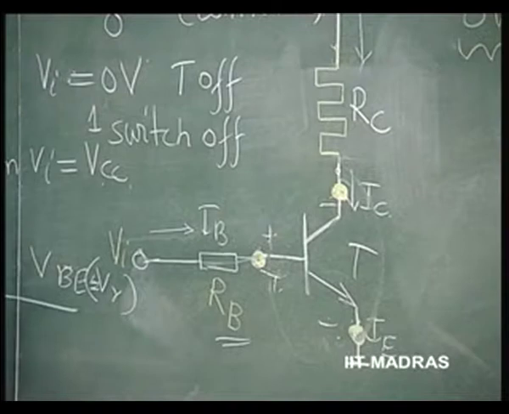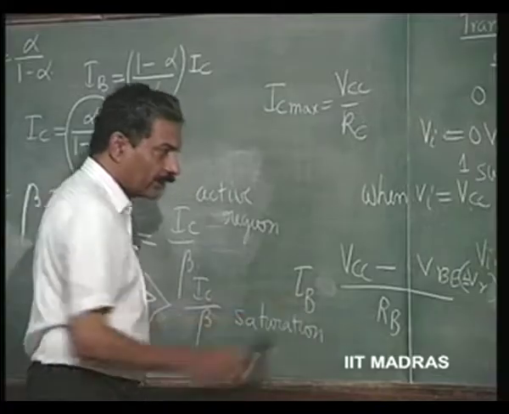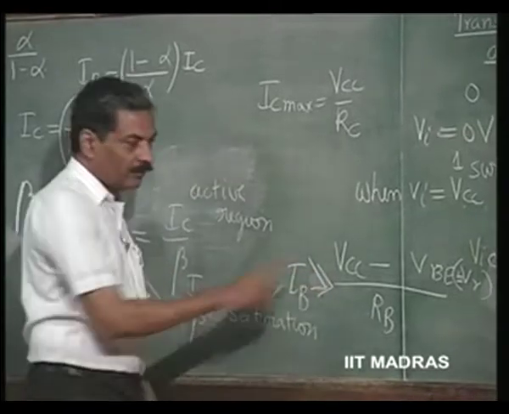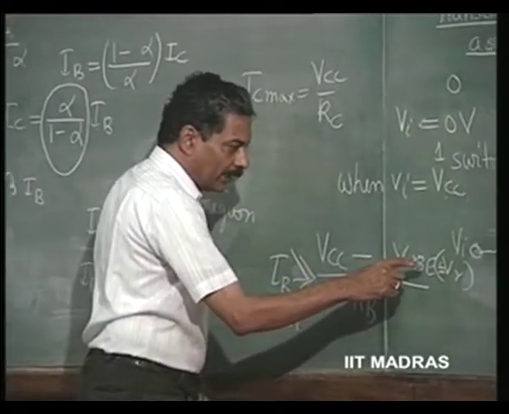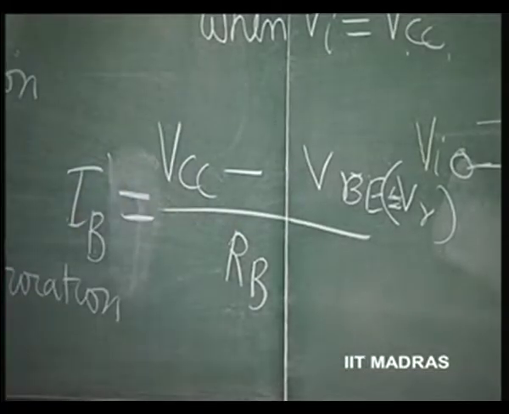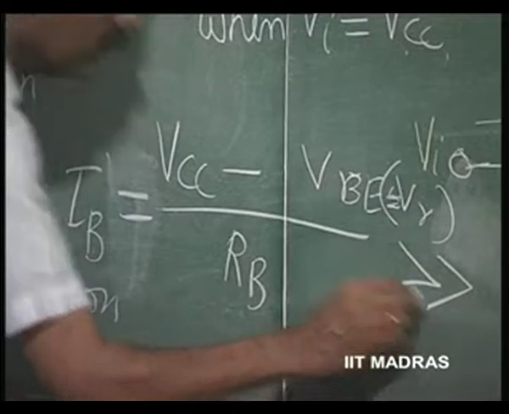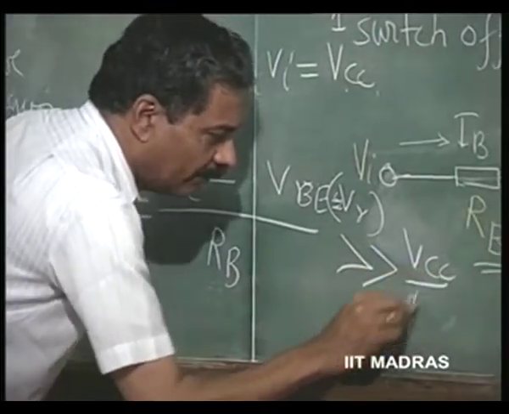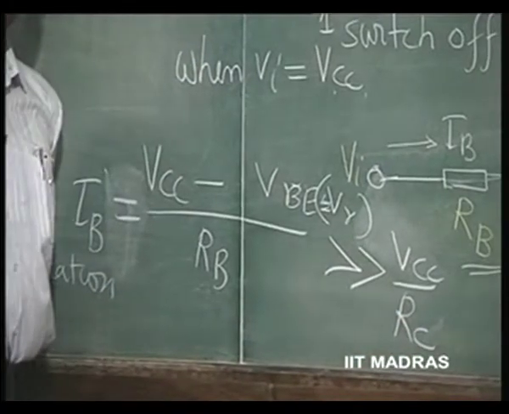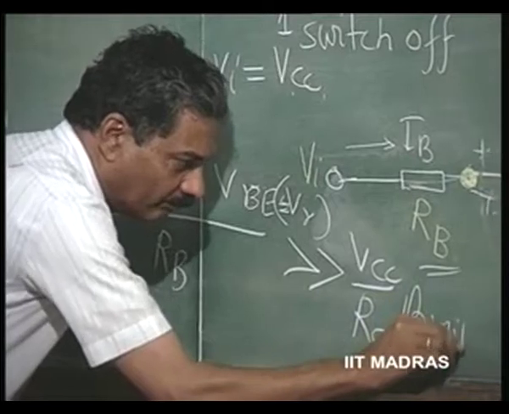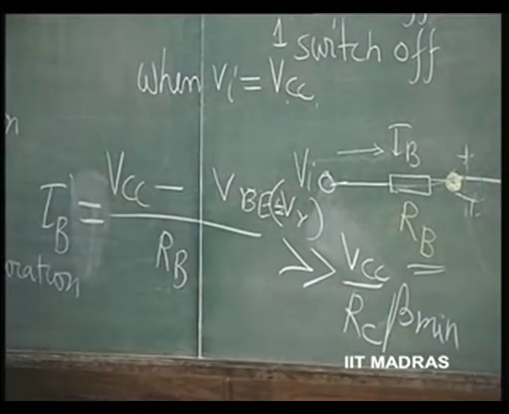That means IB, which is this, should be much greater than VCC divided by RC, that is the maximum collector current, divided by beta minimum. Now, what is this beta minimum?